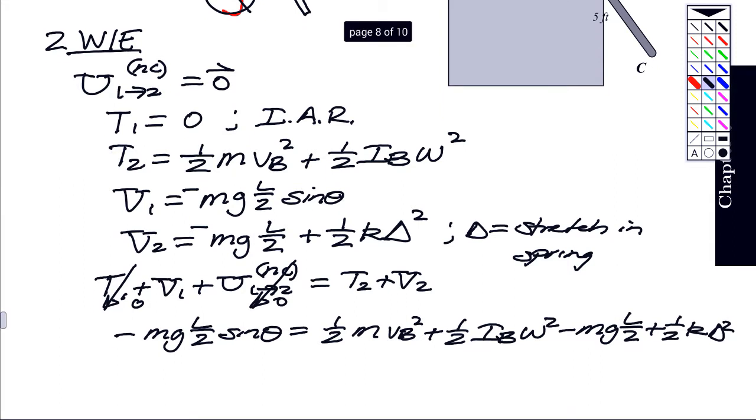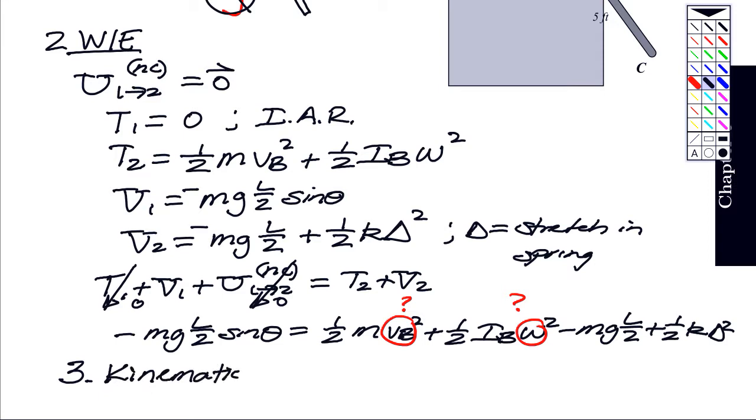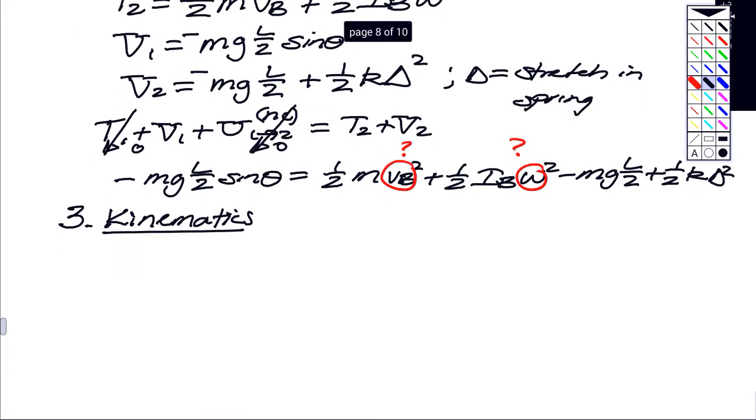In terms of motion variables, we have two unknowns, omega and v_B. We also need to calculate the stretch in the spring in position 2. All that's going to come from kinematics. The relationship between v_B and omega that we need is only needed for the final state.